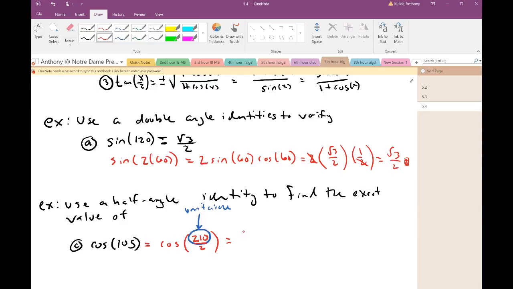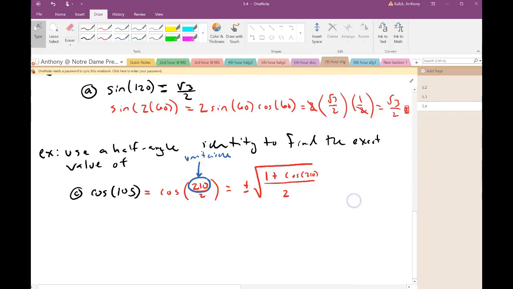So I will now apply the half angle formula for cosine. The cosine of 210 is there, and then over 2. Everybody so far so good? So I've just plugged stuff into my formula, right? What am I going to do next?